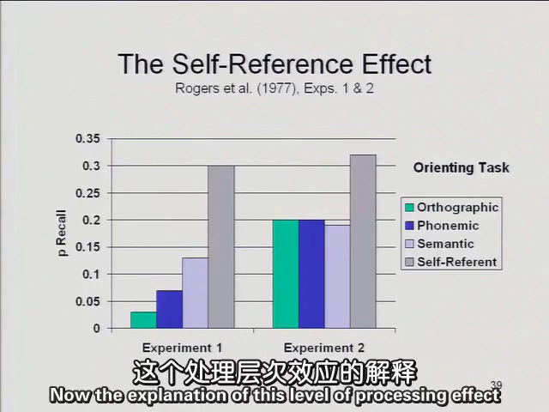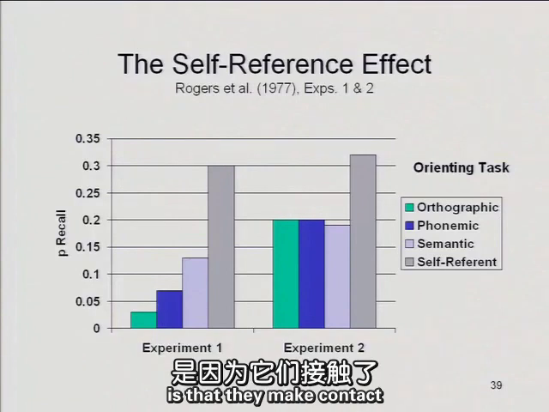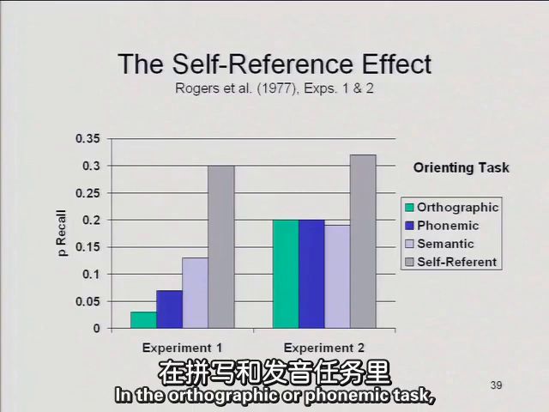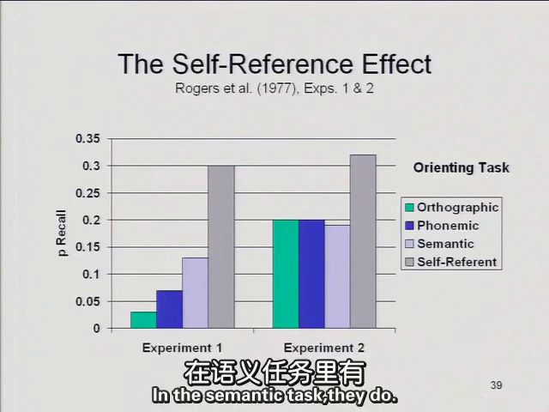Now, the explanation of this level of processing effect basically says that what gives these words an advantage in memory is that they make contact with fairly large pre-existing knowledge structures. In the orthographic or phonemic task, the items don't make contact with a lot of pre-existing knowledge. In the semantic task, they do.